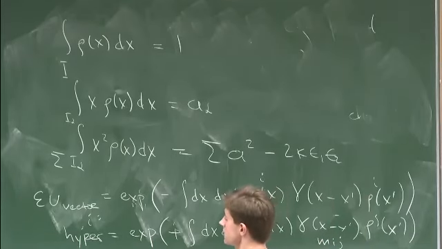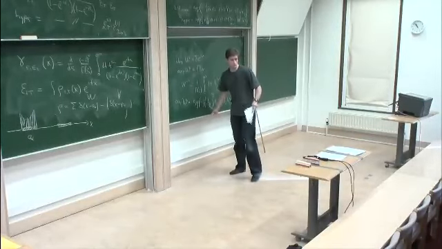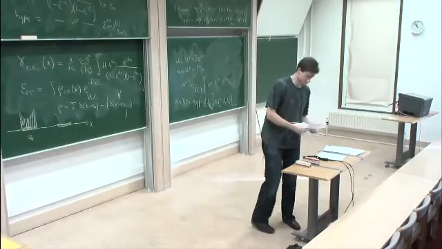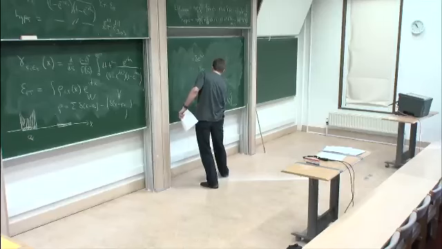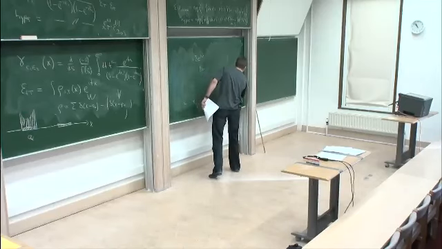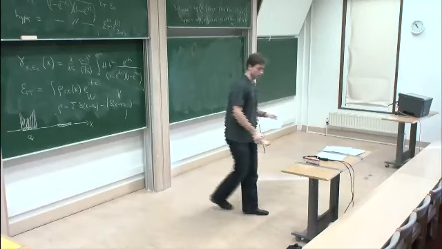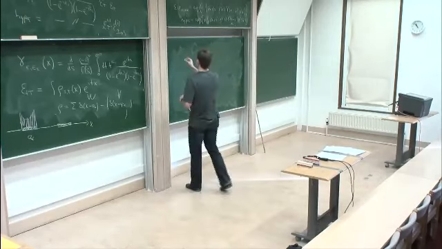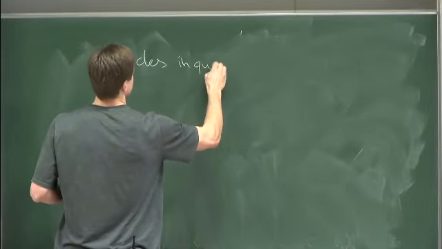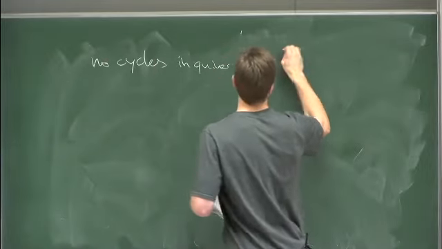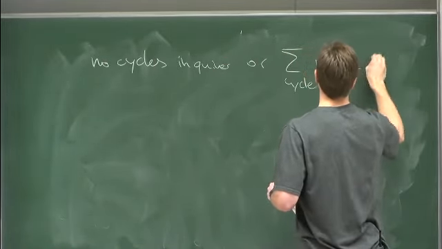So altogether, this can be combined. Okay, let me actually restrict to the case when there are no cycles in the quiver, or the sum over each cycle of masses vanishes.